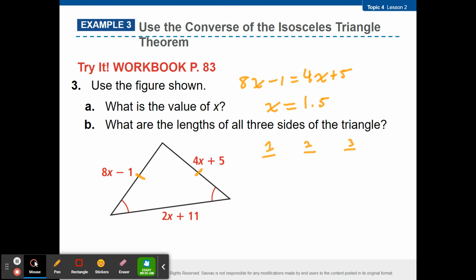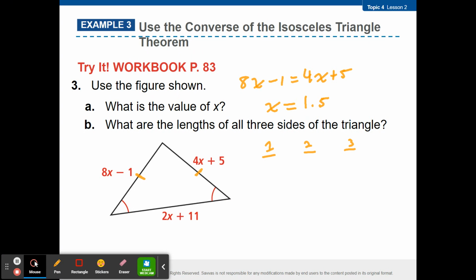One side is 11, one side is 14. Okay, I got one. I go crazy every time. That was a good one.